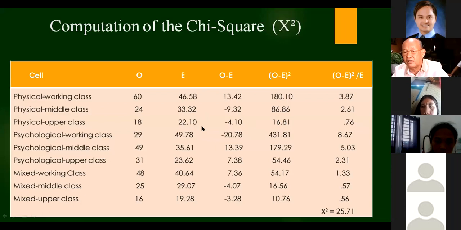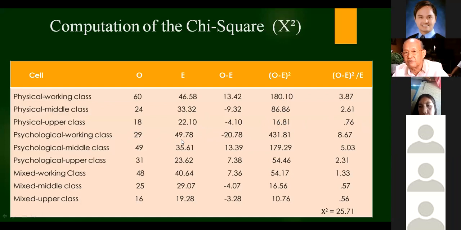Divide this value by 22.10. 0.76. Okay, here is your 0.76. Very easy, no? Yes, sir. Easy.